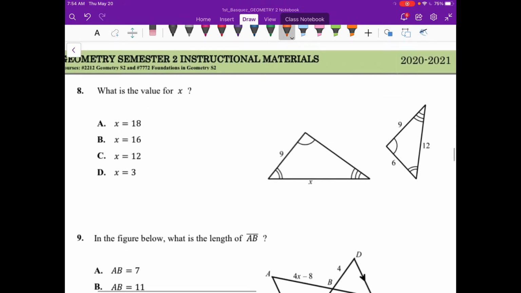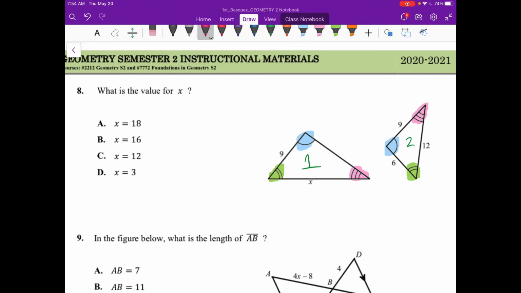Question number 8, we have, what is the value of x? We have two triangles here that are similar because they're showing me that they're similar with the corresponding angles here. We have three angles that are congruent to each other. Therefore, I can go ahead and set up a proportion. Looking at this triangle here, triangle 1, and this will be triangle 2, I have 9 and x to work with.